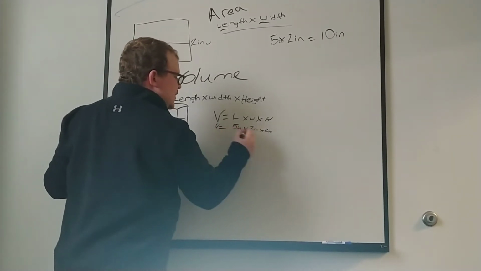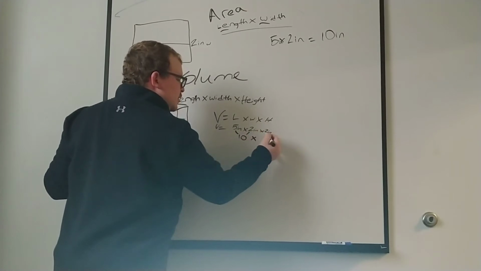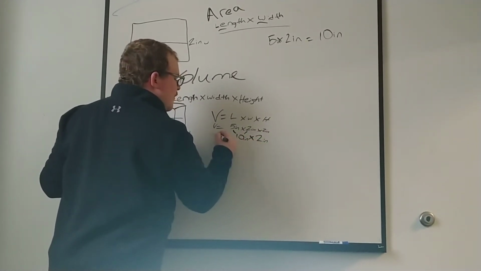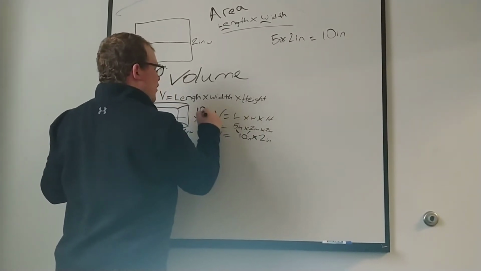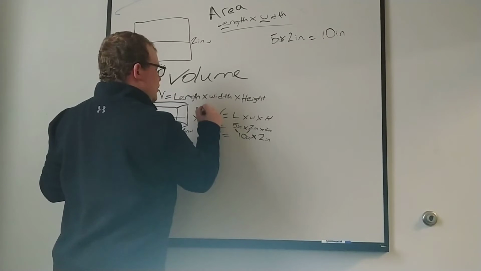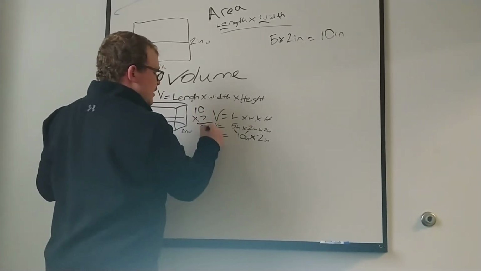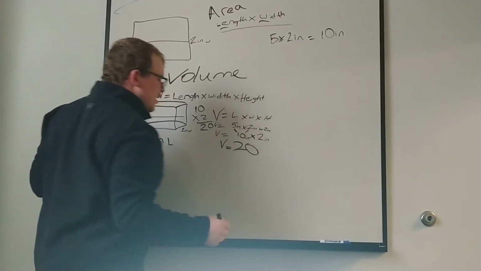So if we multiply these together, we get our 10, then we multiply by another 2. So volume would equal, and what's 10 times 2? Well, if we multiply 2 times 0, that'd be 0. If we multiply 2 times 1, it would be 2. So our volume would be 20.